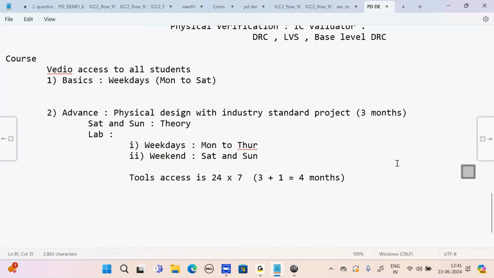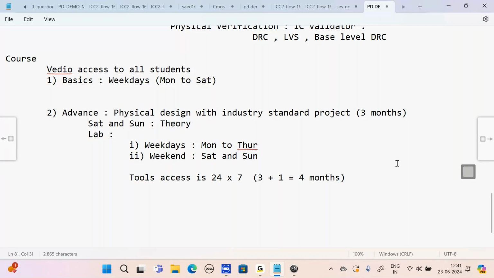The same way how I am taking the class now, offline and online, both I am taking. So you can use whatever mode you want, and you can change the mode also. You can attend online or offline whenever you want. It's up to you people. And if you miss the classes, video access is given to you.